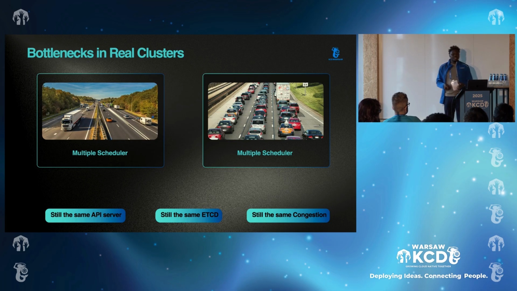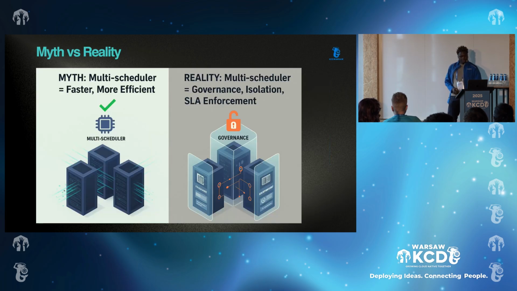So what does this tell you? It tells you that multiple scheduling should not be looked at from a perspective of job efficiency, or let me say faster deployment, but instead, we should look at it from a perspective of workload governance, workload isolation, and most especially SLA enforcement.